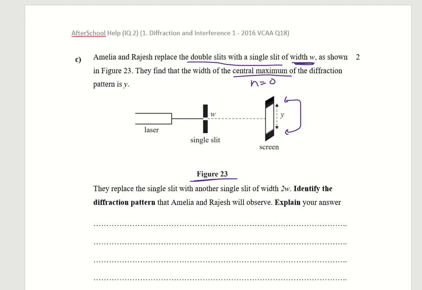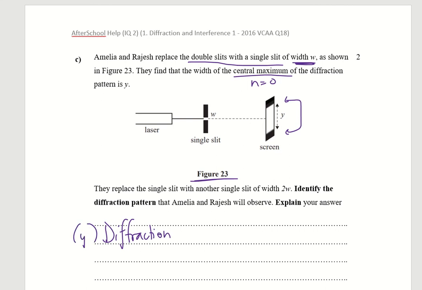Identify the diffraction pattern that Amelia and Rajesh will observe. Explain your answer. Okay, so we do know that the width of diffraction, let's call it y, is equal to the wavelength you use divided by the width of the actual slit.